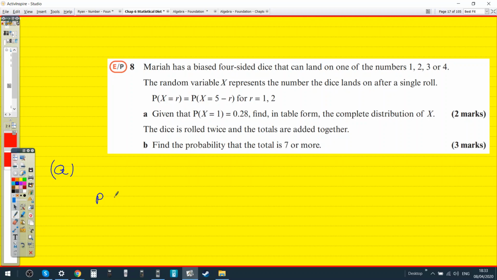And what is 5 minus r? 5 minus 1, which is 4, and 5 minus 2, which is 3. Right. That doesn't make sense. When you sub in 1, you get 4. When you sub in 2, you get 3.